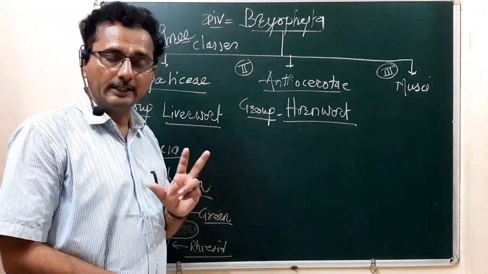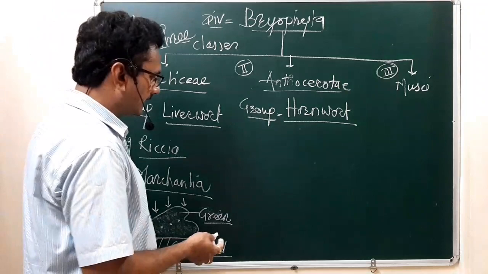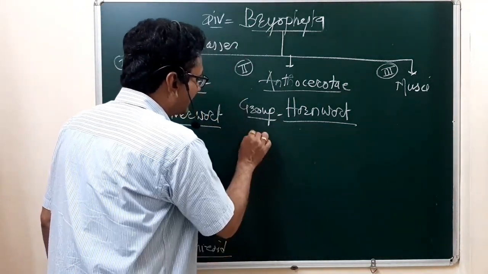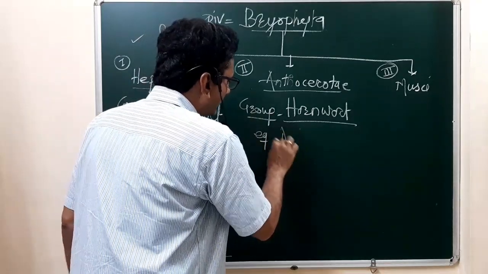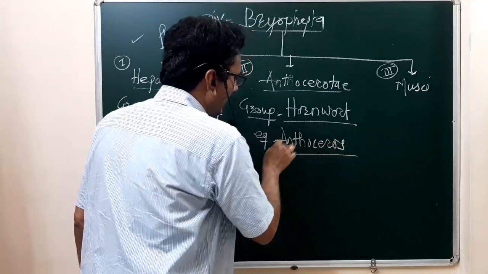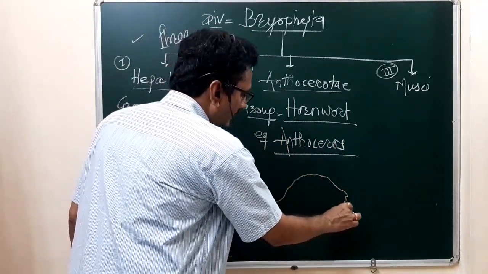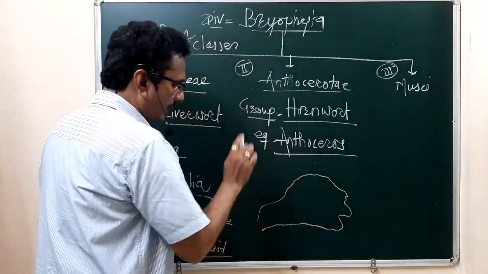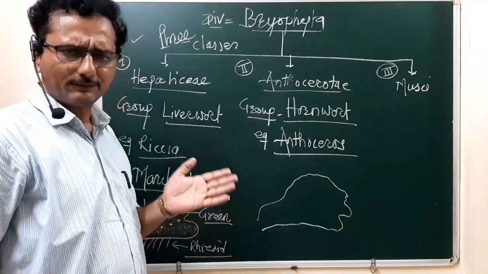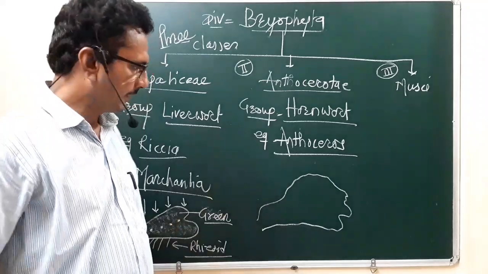Hornwort means horny sporophyte, which is seen in this case. Suppose the plant body of this example, Anthoceros, is such a type. I think the photograph of Anthoceros is given in your textbook, you see there.